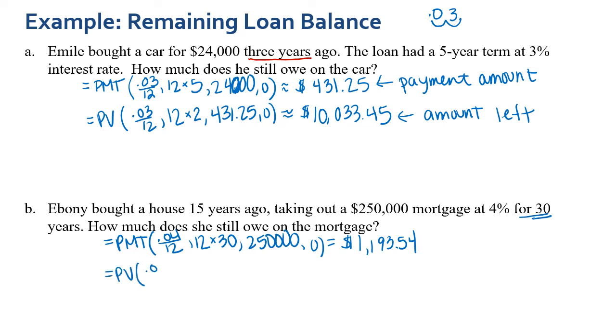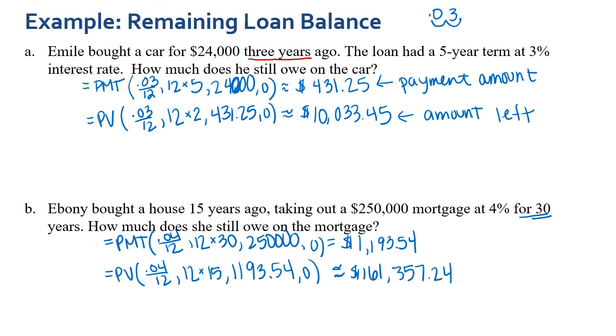So it's going to be 0.04 divided by 12. 12 times the number of years, so she's paid for 15 years on a 30-year loan, which means she has 15 years left. And then again, her payments are $1,193.54. And so this ends up giving about $161,357.24.